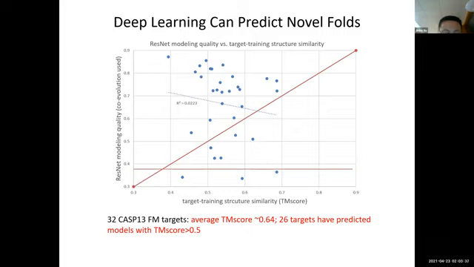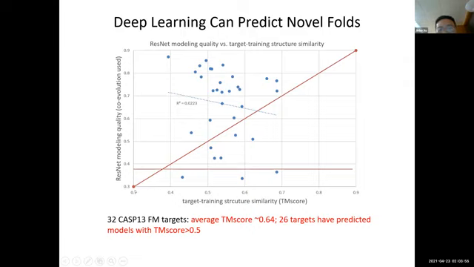First, we needed to prove deep learning indeed can generate new structures, right? We don't want the deep learning to simply memorize the training proteins. So in order to demonstrate this, we calculated the structure similarity between the test protein and our training protein.